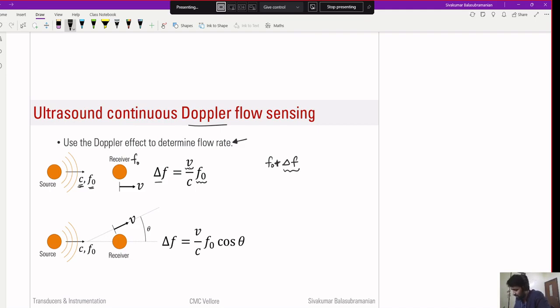So the change in frequency will be v by c into f naught. When both of them are not moving, when v is 0, delta f is 0, so the reported frequency will be f naught. But if there is a non-zero velocity, then you will report a change in frequency.